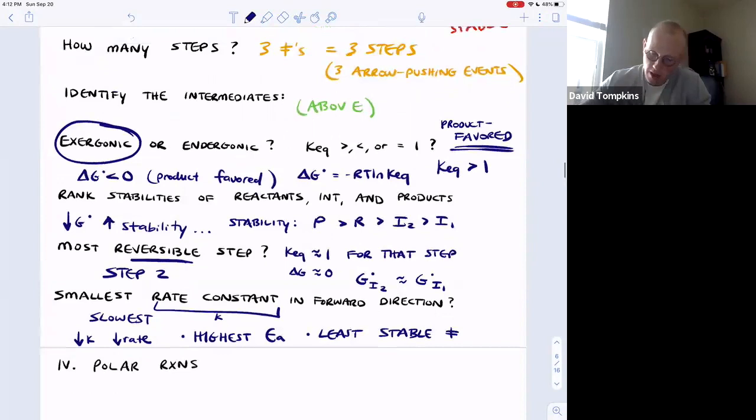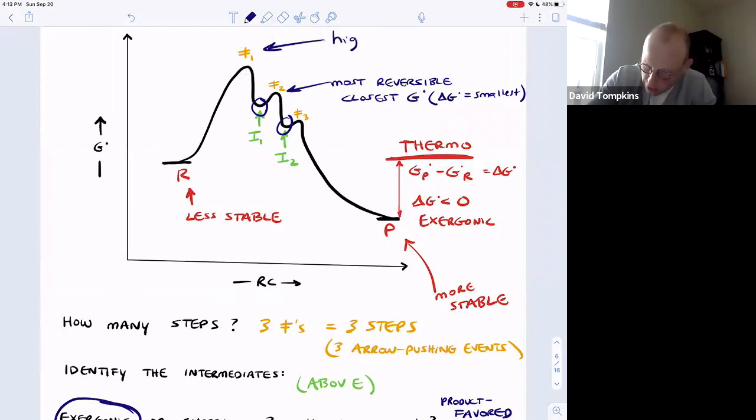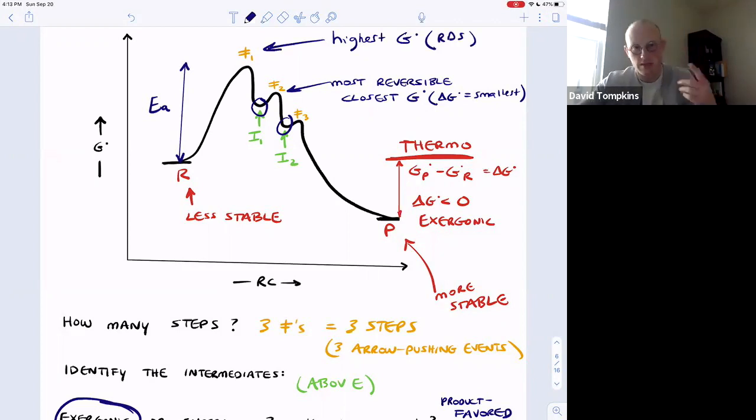Go back to the graph above. If we're going in the forward direction, the highest barrier we must cross is transition state 1, the highest free energy, or the activation energy is the barrier that we must overcome endergonically, which means this is the rate determining step, or that's the step that will dictate the product you get under kinetic control.